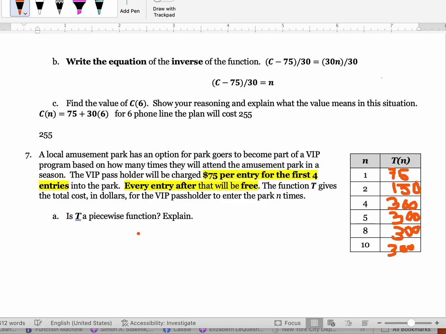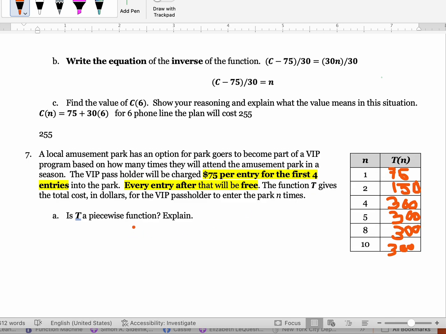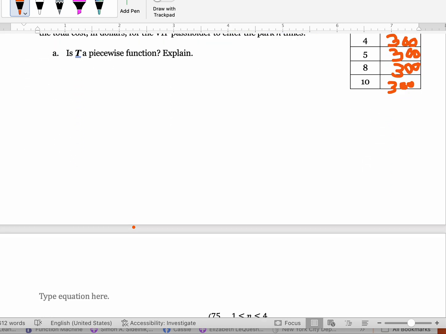So it is a piecewise function because there are 2 rules or 2 conditions happening here. So let's sketch it.